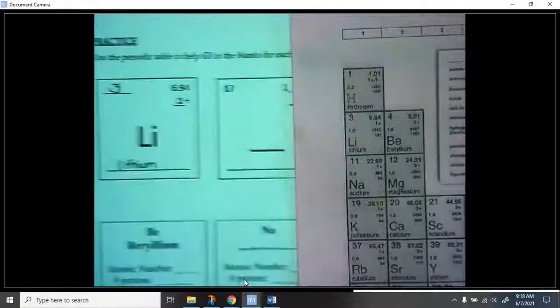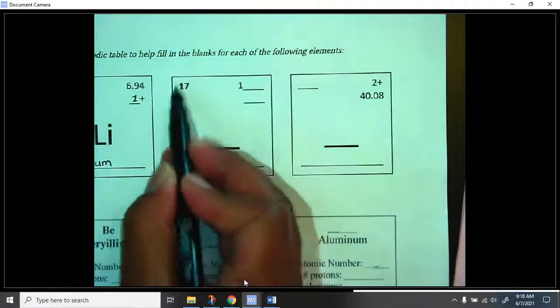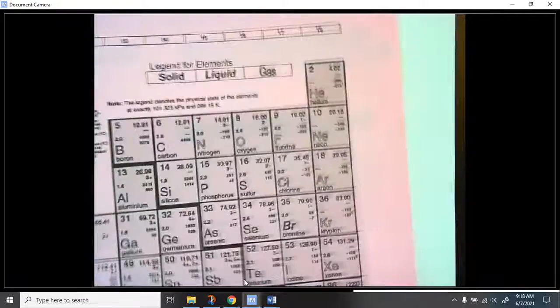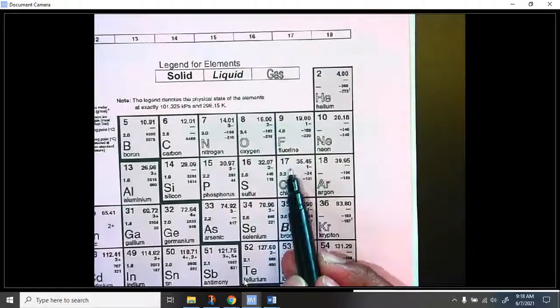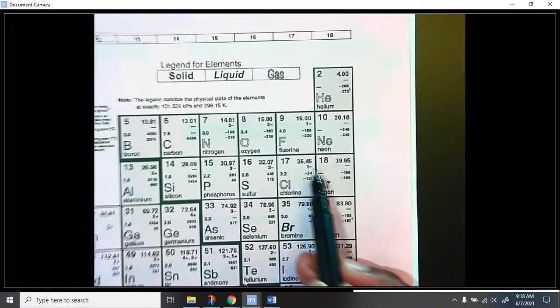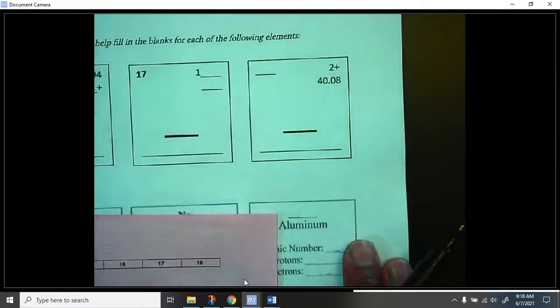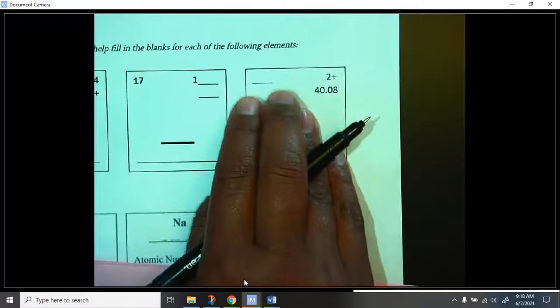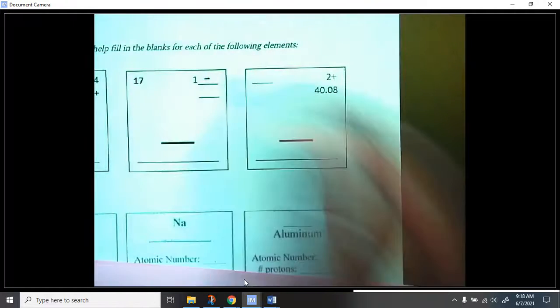Okay, next, 17. This would be the atomic number. So I'm going to look through my periodic table for number 17, which ends up being right here. I can see that it is chlorine with the atomic symbol, capital C, small l, and there's its molar mass. So let's fill in that information. For 17, you'll notice that chlorine has a 1 negative charge. So I put the 1 there already. Let's add the negative.